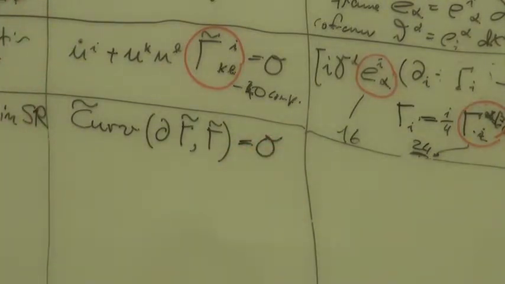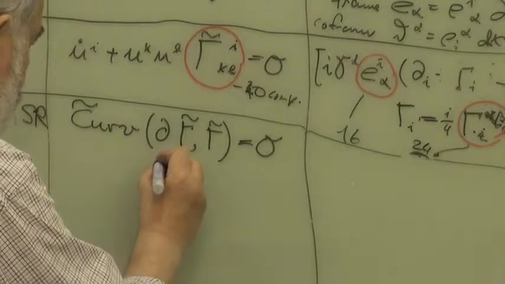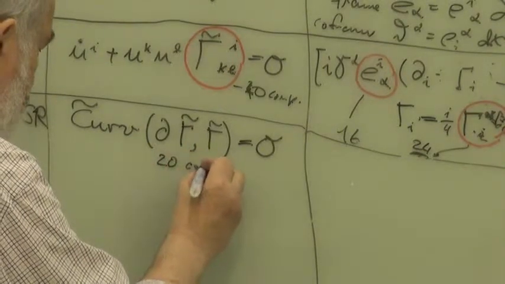Curvature is equal to 0. And this corresponds to 20 conditions.